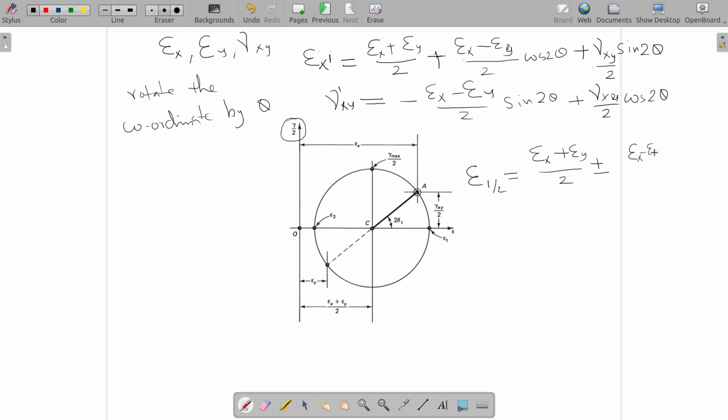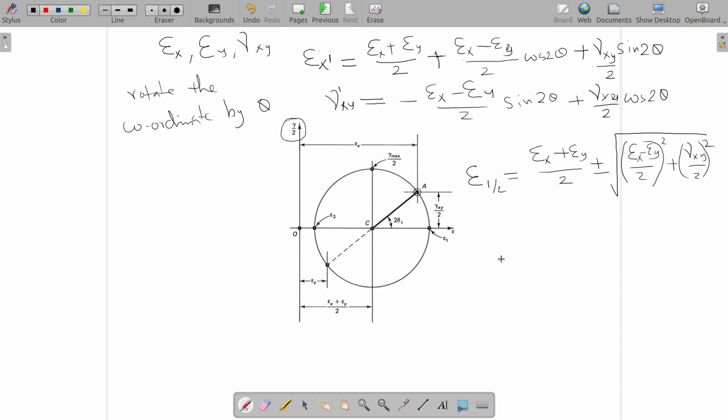Epsilon x minus epsilon y by 2 will be one length of the triangle, square plus, and the second length will be half here.